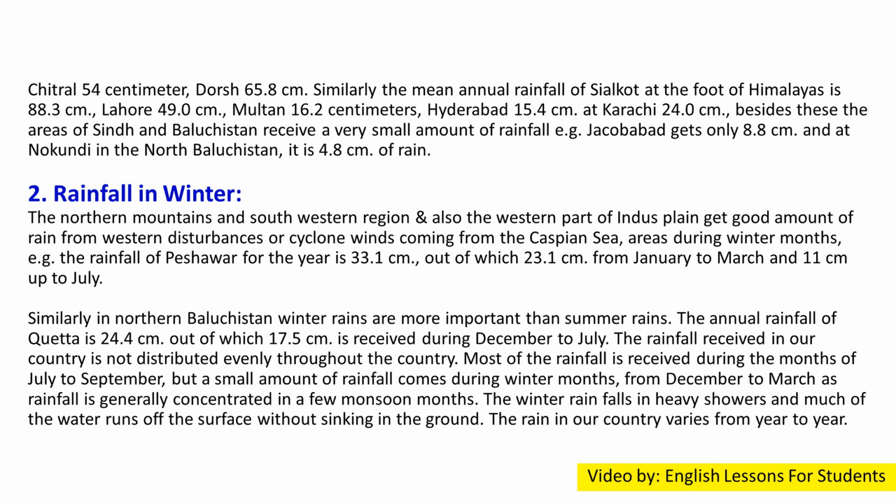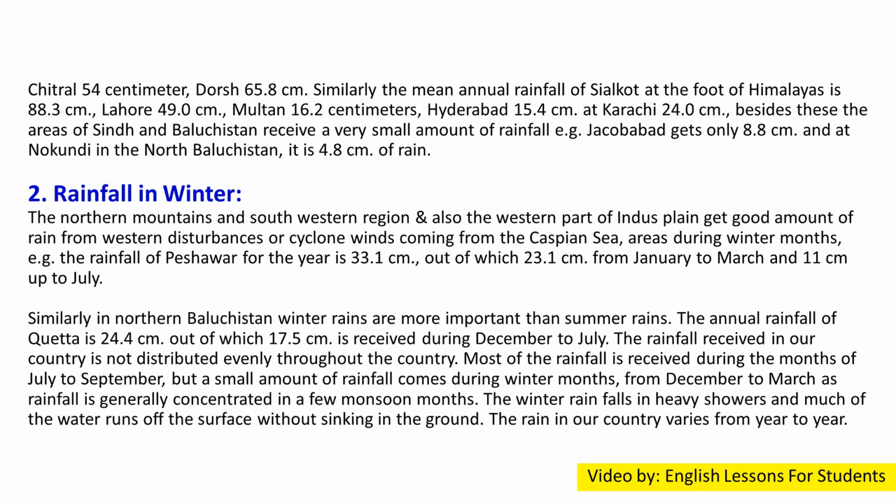For example, Chitral receives 54 centimeter, Dir 65.8 centimeter. Similarly, the mean annual rainfall of Sialkot at the foot of Himalayas is 88.3 centimeter.